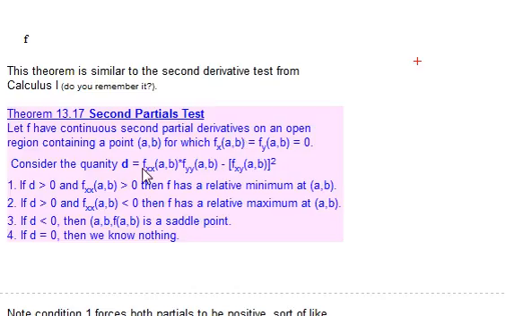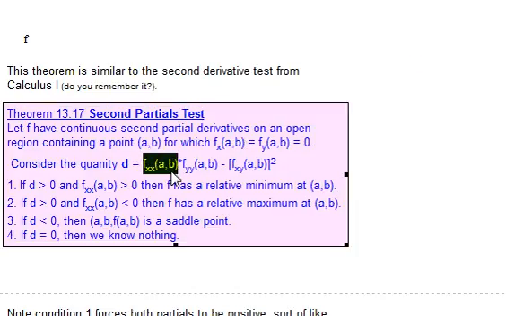It's the second partial with respect to x at (a, b) times the second partial with respect to y at (a, b), multiply those two, and then subtract the square of the mixed partial, and examine the sign of this d.